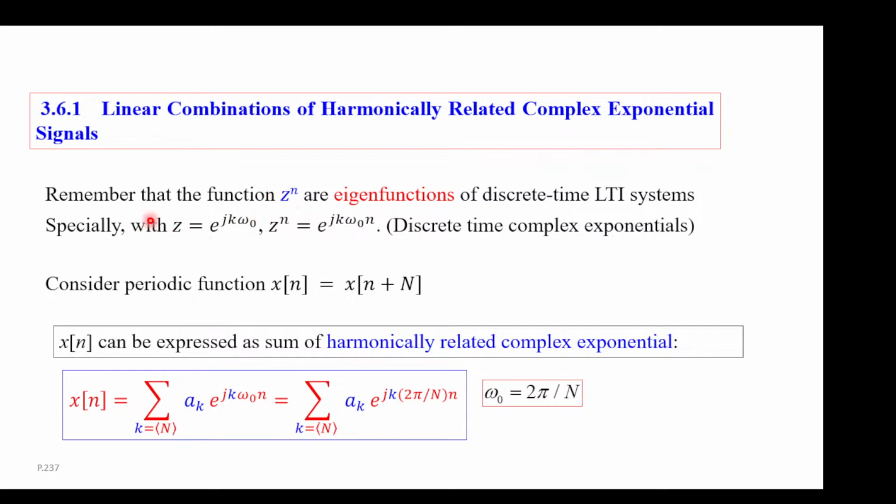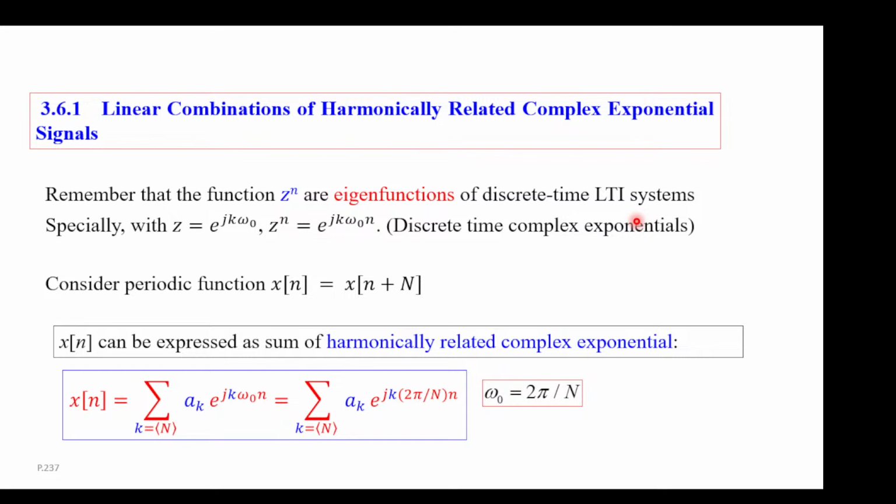We go back to the complex exponential, so we express z of n as e to the jk omega naught n. So just think z as e to the jk omega naught.